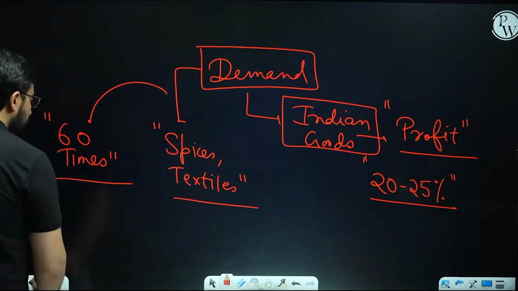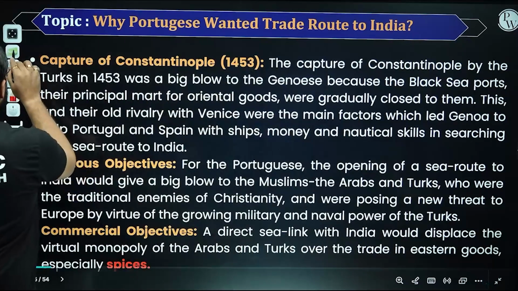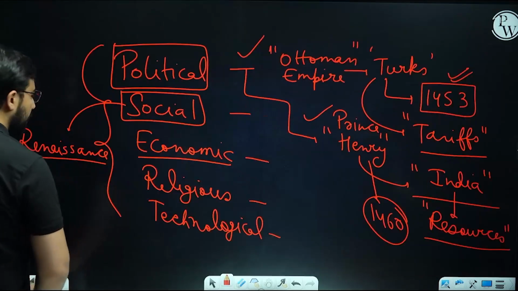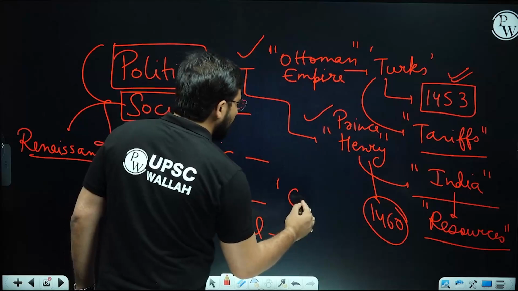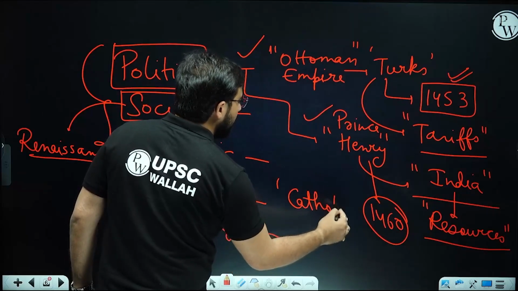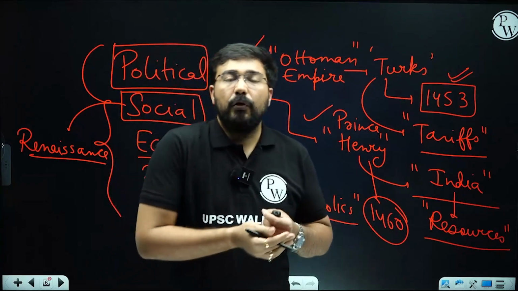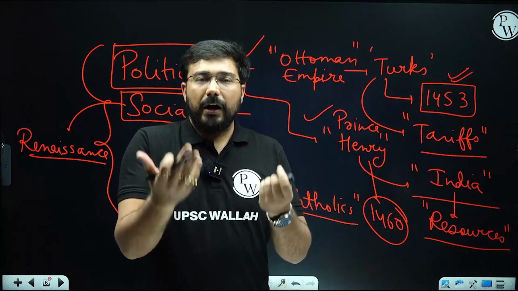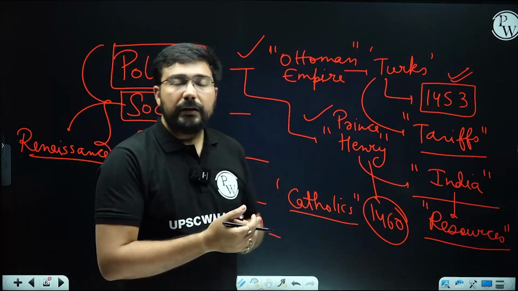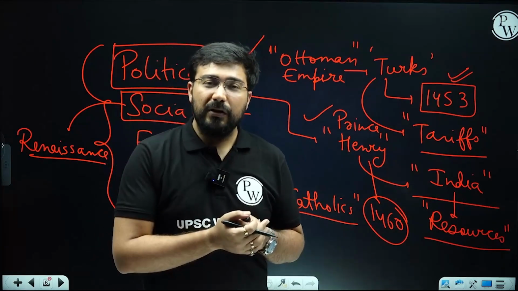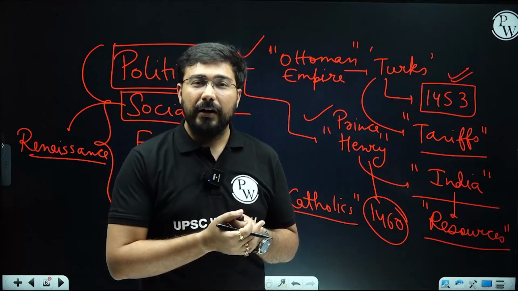Next, if somebody asks you what was the prominent religious factor, it is that the Portuguese were Catholics, right? Among the Catholics, the Pope is considered the highest representative of God on earth. So the Pope had given a bull to Prince Henry to spread the message of Christianity far and wide.